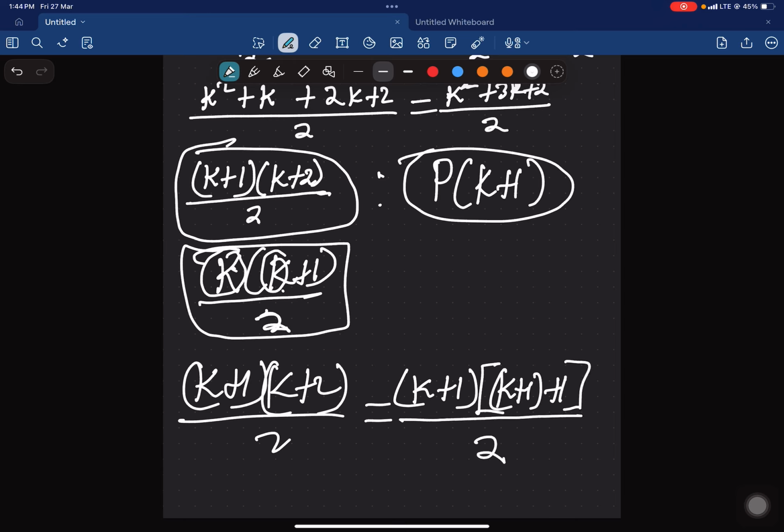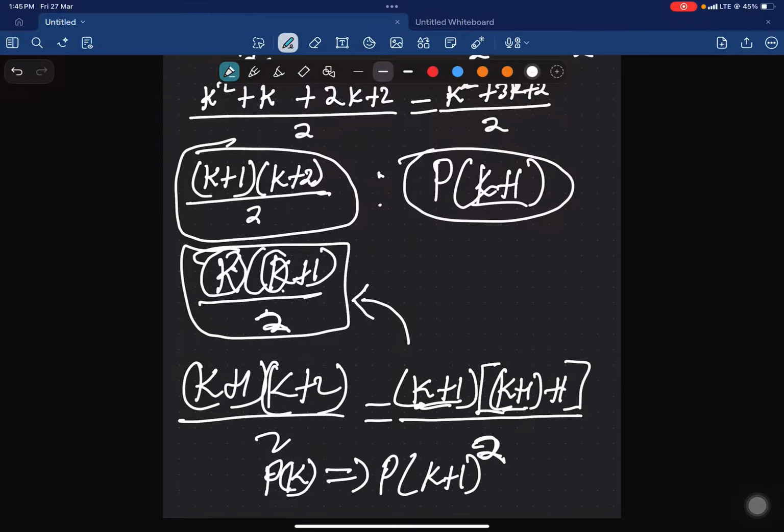Now we can see that it's also looking like this as before. So K plus 1 is the number we are dealing with at the right side of the implication. So K plus 1 is the number, now multiplying that same number plus 1 over 2. So hence our implication is true.